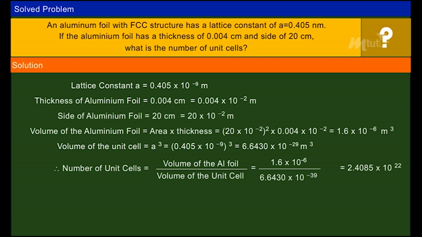Dividing the volume of the aluminium foil by the volume of the unit cell, we have the number of unit cells to be 2.408 into 10 to the power of 22. Thus, the given aluminium foil has 2.408 into 10 to the power 22 unit cells.